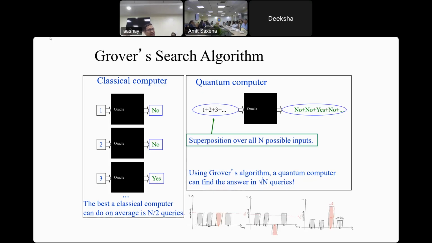If there are n elements in my unsorted list, I use log n qubits, generate the n data elements, and pass the entire thing as a superposed state. The oracle will also generate a superposed outcome. Out of this, one will be yes and the rest all will be no.